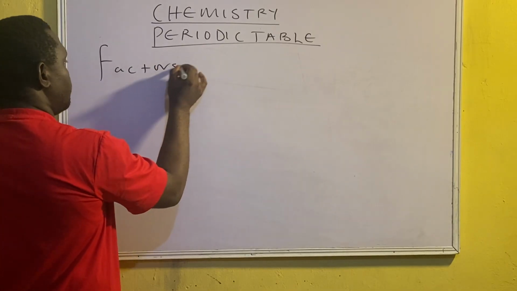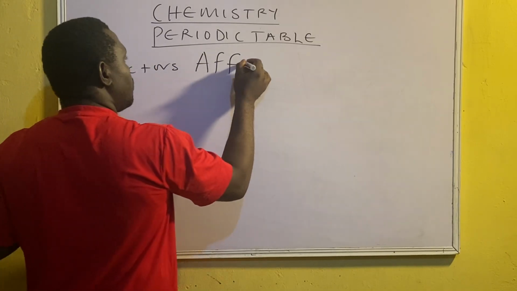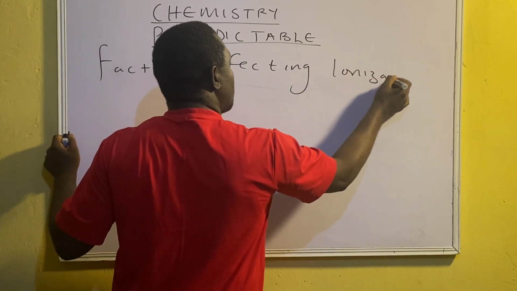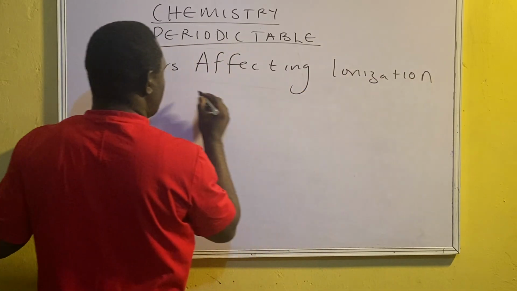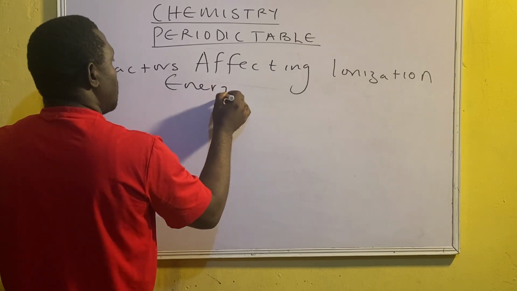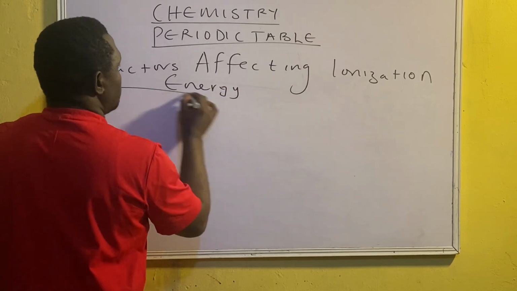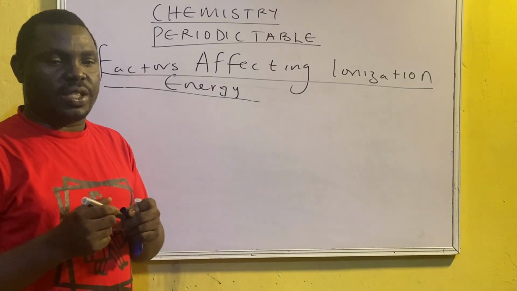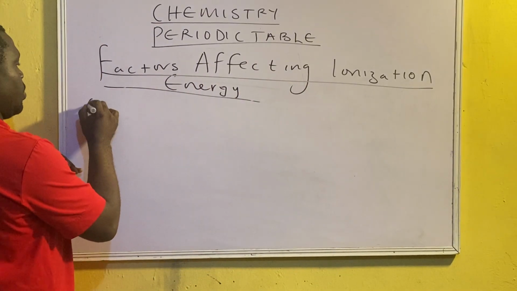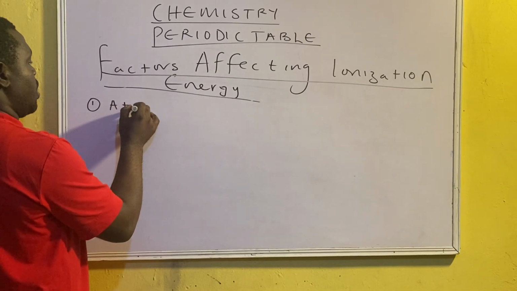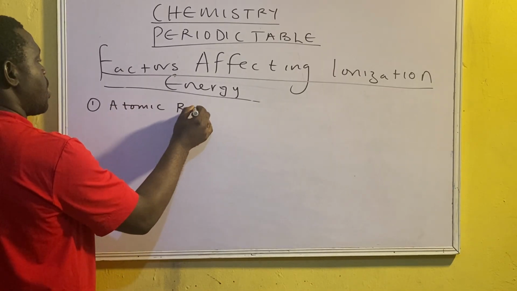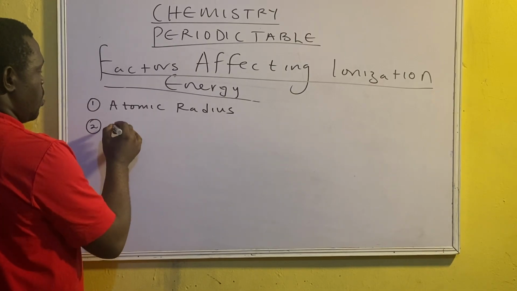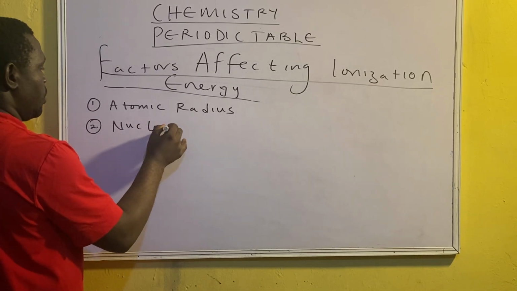Factors affecting ionization energy. Factors affecting: number one, atomic radius. Number two, nuclear charge.